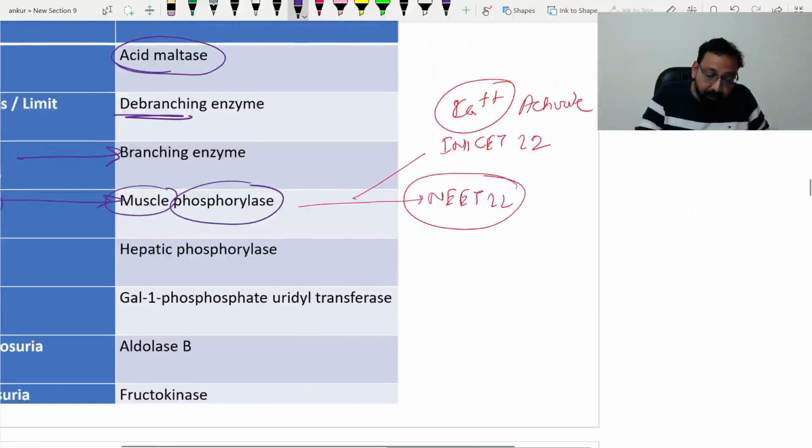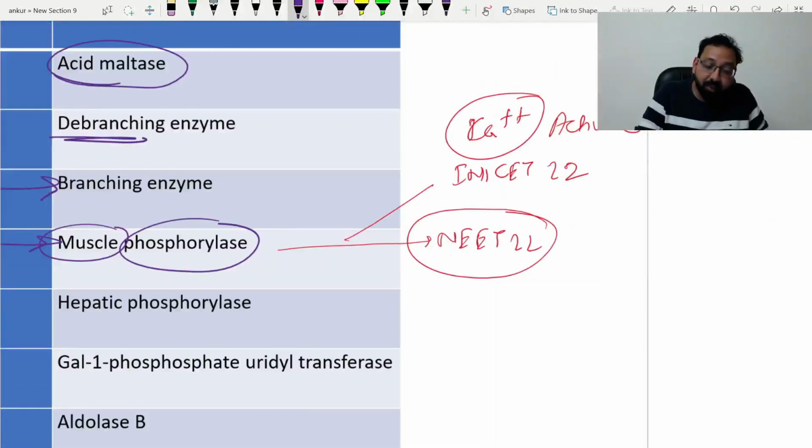Recently a question was asked that for muscle phosphorylase, the activator is calcium. You know, whenever we do exercise, we require energy. Energy can be produced in muscle by muscle glycogen. Muscle glycogen is used by muscle only.